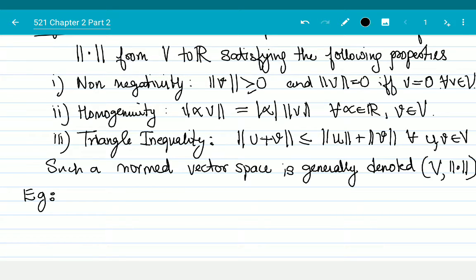You don't need to work with R. You can work with, for example, Q, right? Any ordered field where you have some sort of idea of what positive means can be used. In our case, we are going to deal with R, but you can use other fields also.